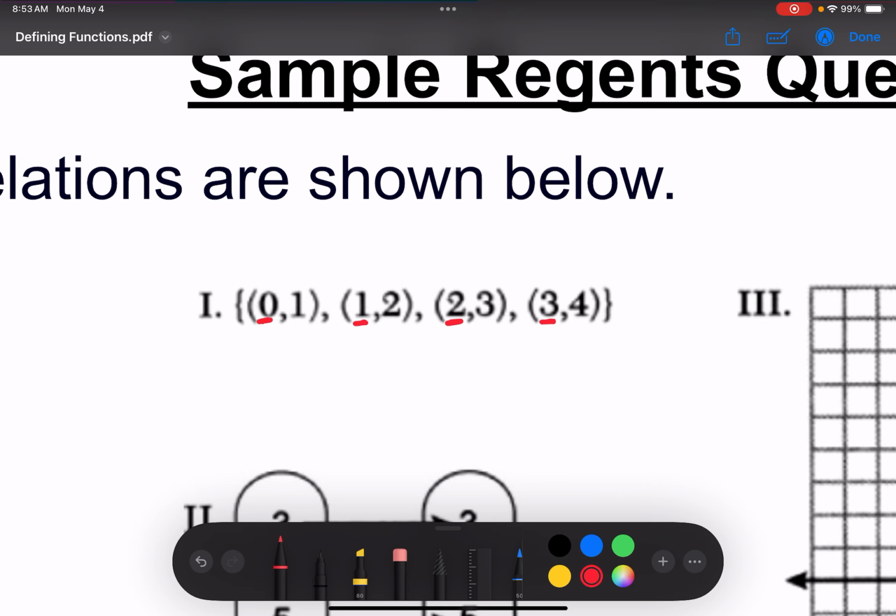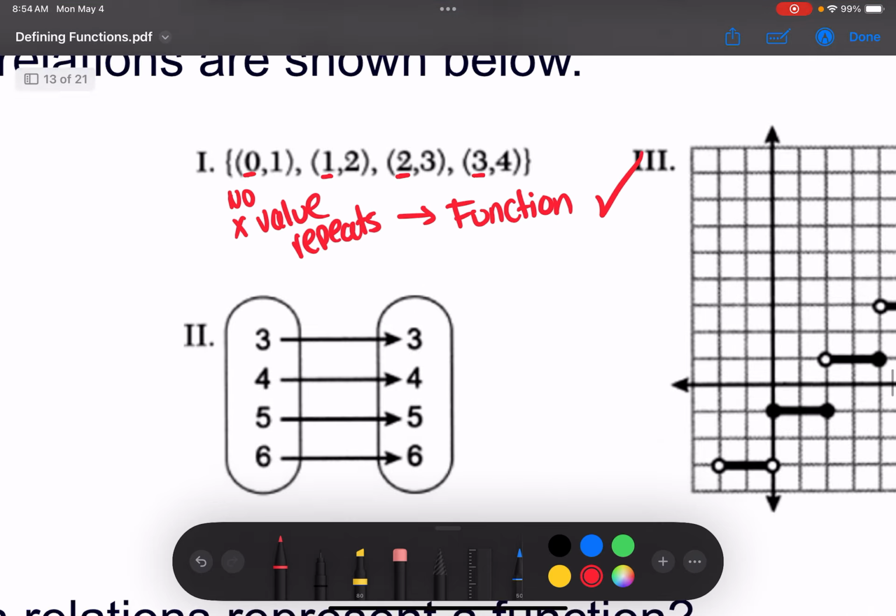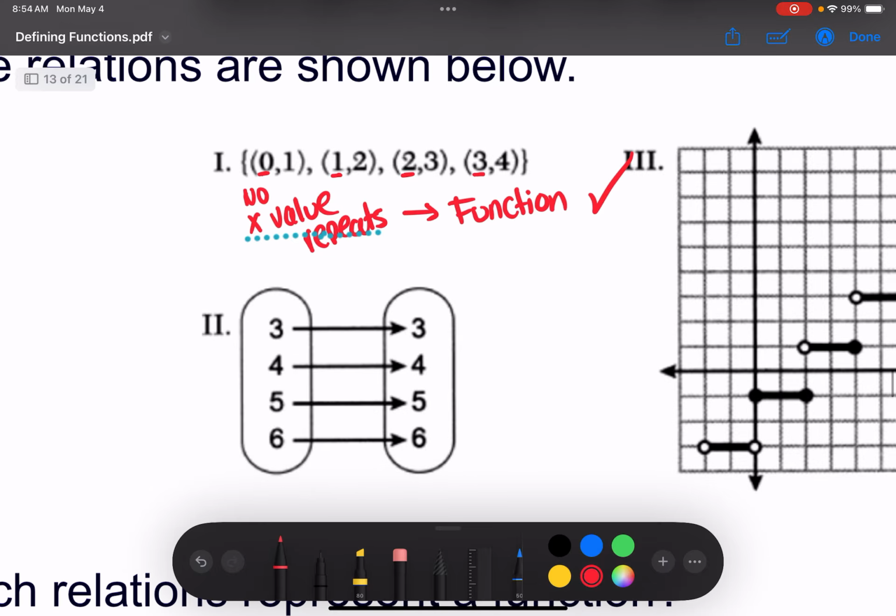And since none of the x values repeat, this is a function. Okay, now let's look at the diagram. So we have one arrow from 3, one arrow from 4, one arrow from 5, one arrow from 6. So this is also a function.